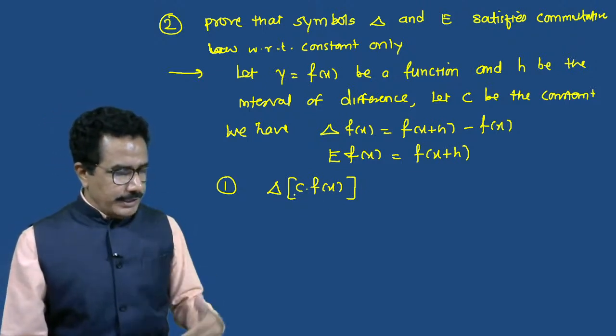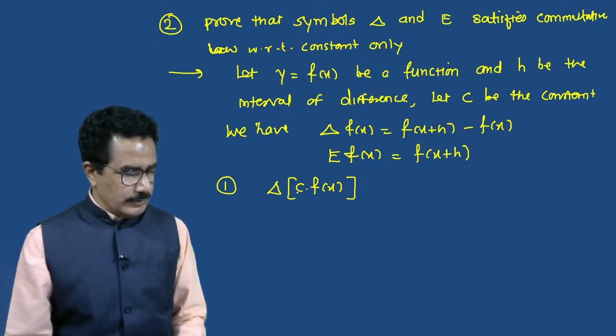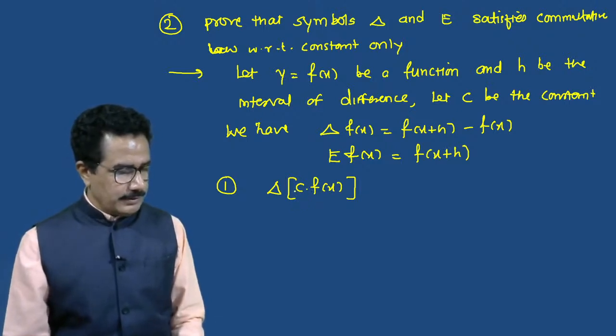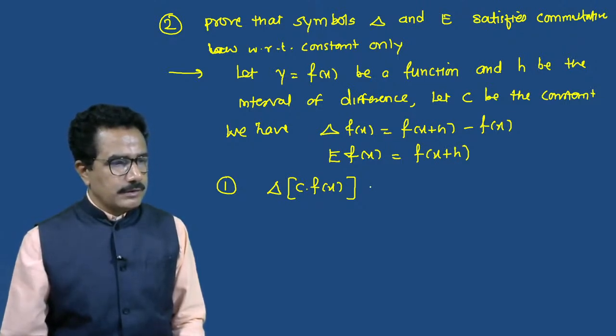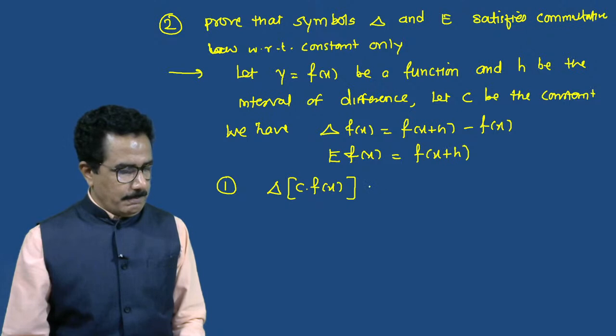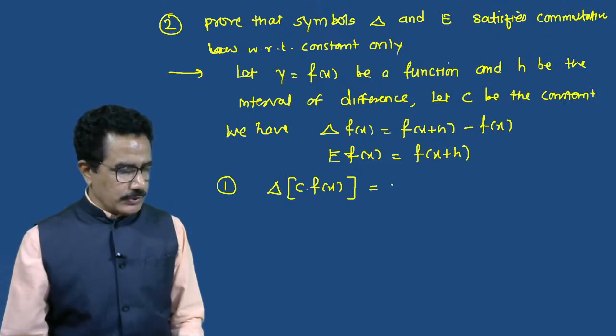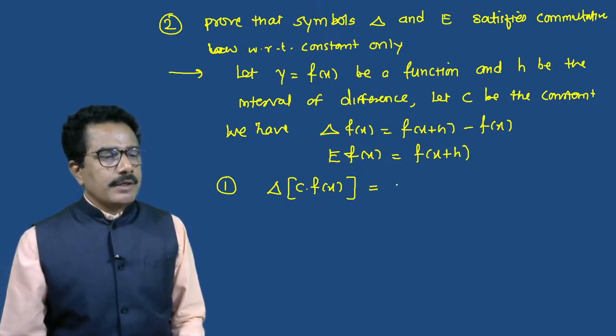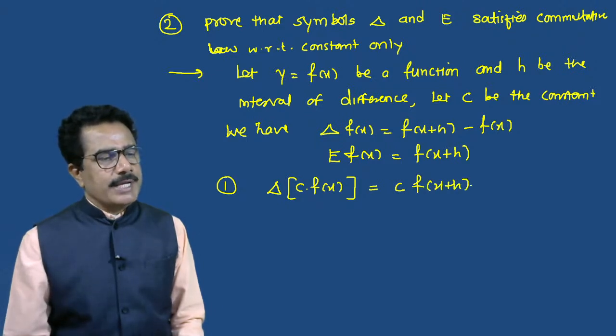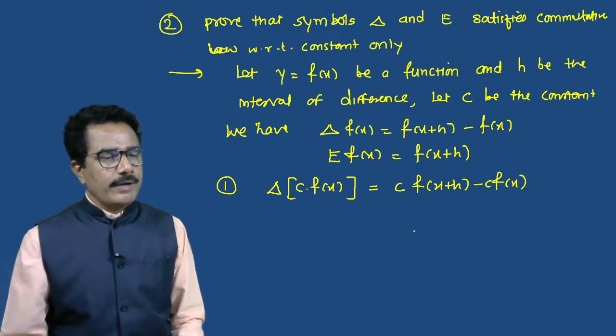Delta of c into f of x is equal to c into f of x plus h minus c into f of x.